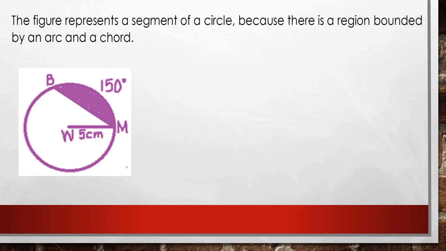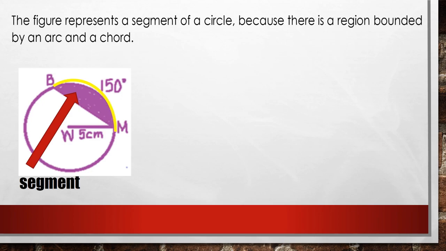May radius tayo dito, makikita nyo sa ating example, pero ang pinaka-shaded region ay nasa bandang dulo, parang nasa crust siya ng pizza pie. Okay, yan ang pinaka-segment na tinatawag.